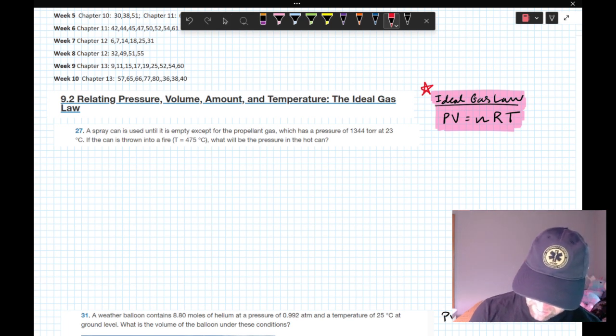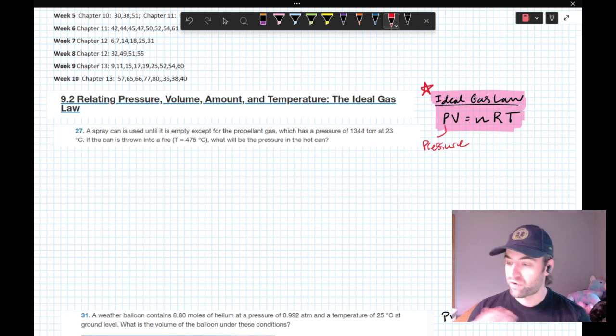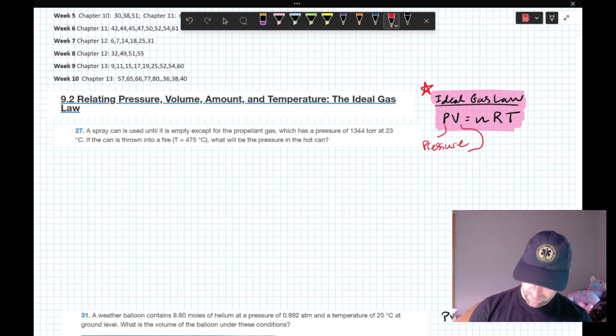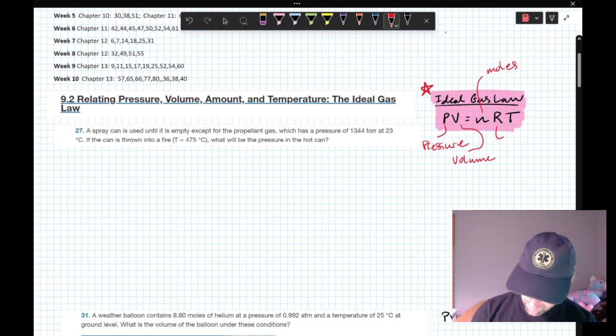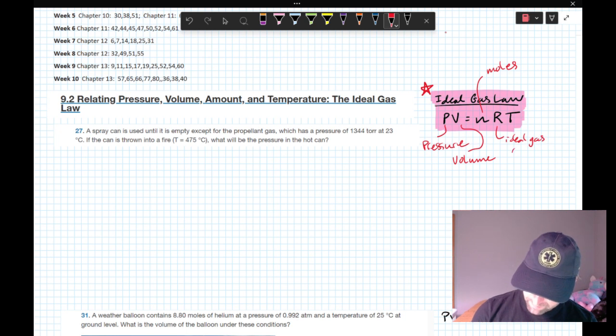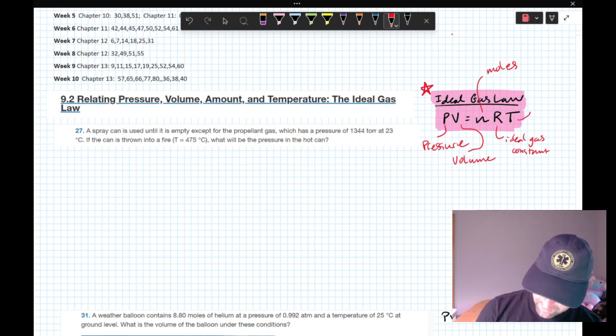I'm going to go ahead and annotate this as we're going. The pressure in the chamber of gas, the volume that it occupies, n, how many moles of gas are in that chamber, R is the ideal gas constant, and T is temperature in Kelvin.